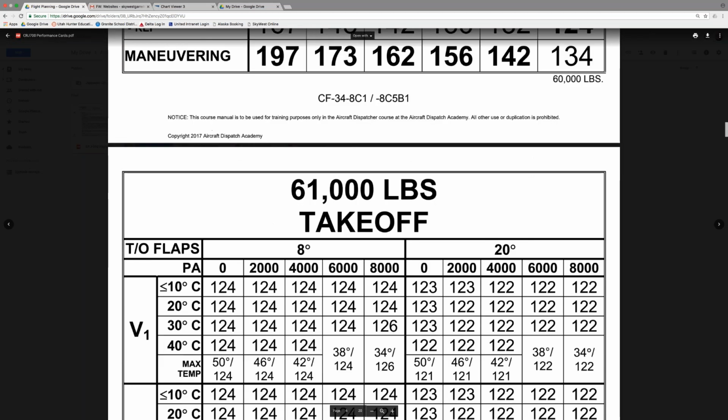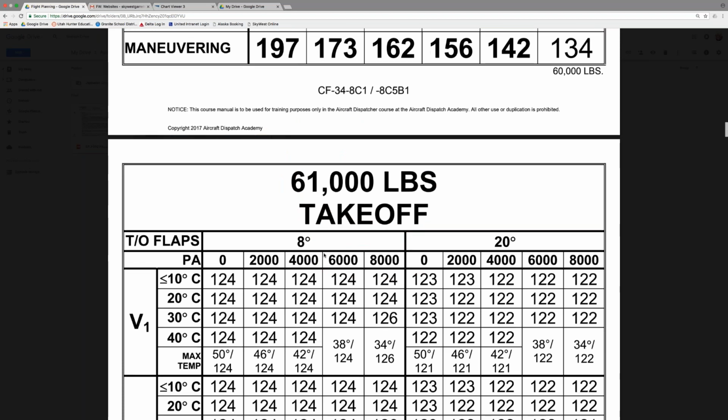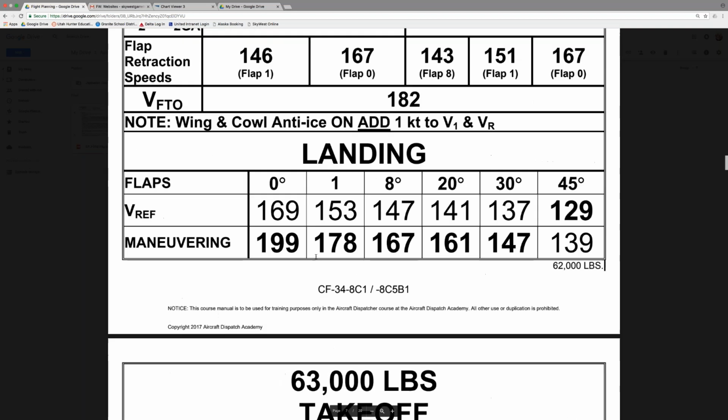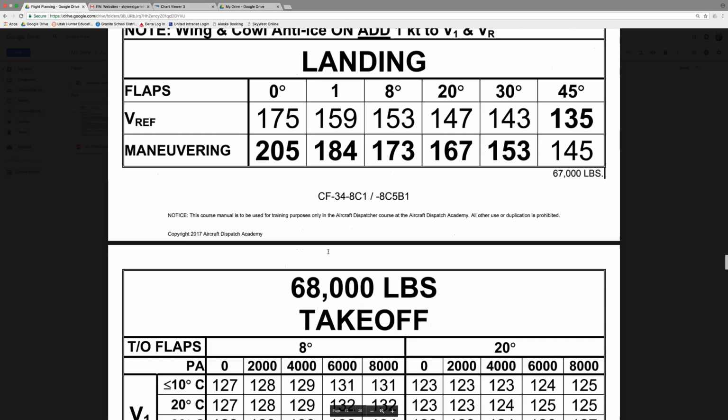Then at the top, we can see our takeoff weight. This chart is if your takeoff weight is 61,000 pounds. Looks like my 2-year-old drawing on these things, or my 4-year-old, but we'll make do with what we got, right?